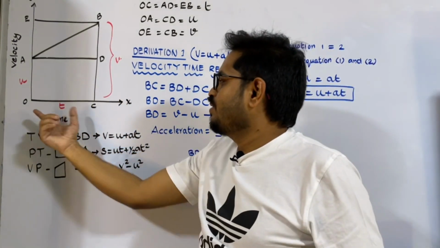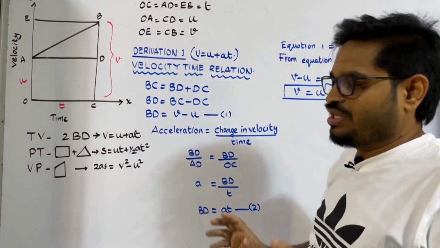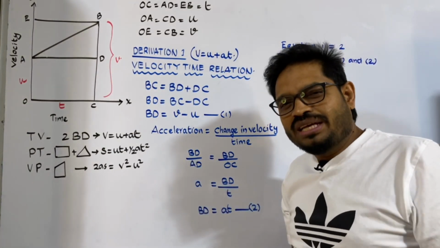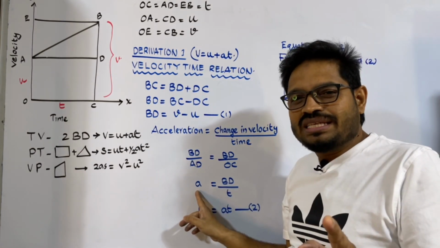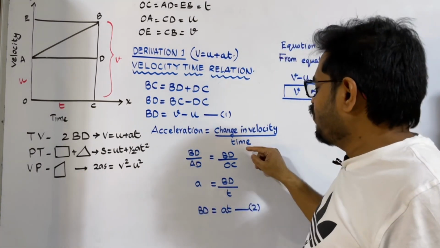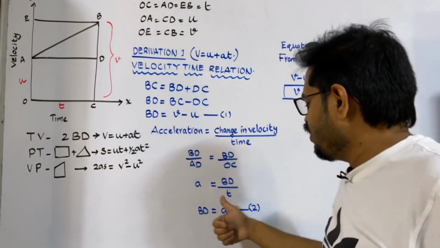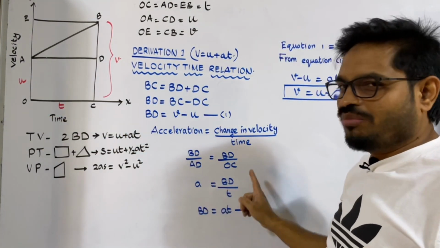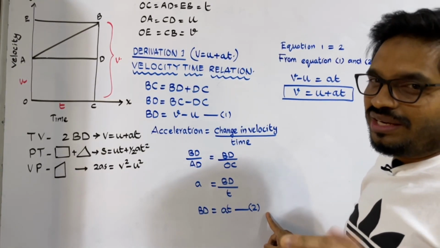See, OC is the time. So we have put BD by AD equal to BD by OC. Instead of BD by AD, we can use the letter a for acceleration, and for BD, let it stay there. OC is the time, so put t there. Now cross multiplying, we get BD equal to at, and that is our second formula.